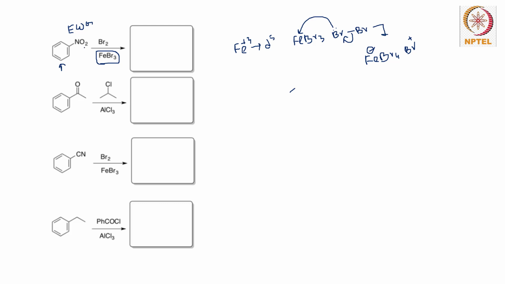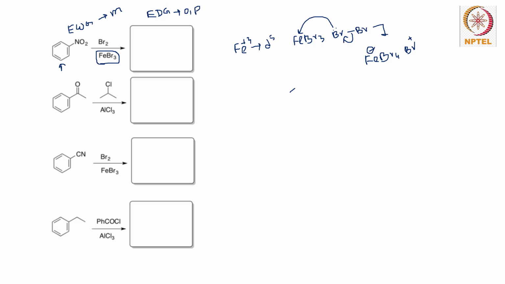Whenever it is electron donating, like methyl or OH, it will be ortho-para orienting, so the entering electrophile will enter at the ortho or para position, depending on the steric hindrance.